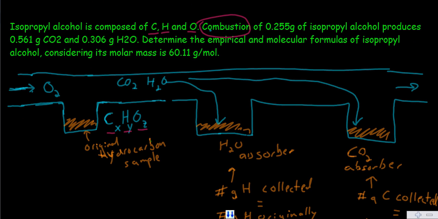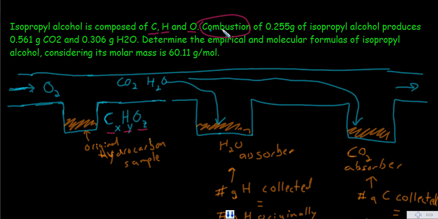Back in the lab where I used to work, we used to ship our stuff all the way to Arizona to have an elemental analysis because it can be very expensive. But this problem discusses finding the empirical and molecular formula of isopropyl alcohol, which is a hydrocarbon. That is, it's got carbon, hydrogen, and oxygen as well.